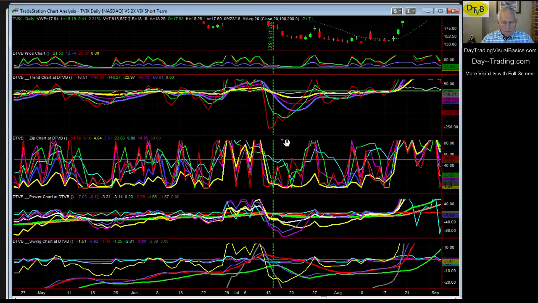Anyway, the first thing I'll identify is you have Zip Zion highest and going down, and we know that when that is highest and going down, it is an indication for a downtrend.